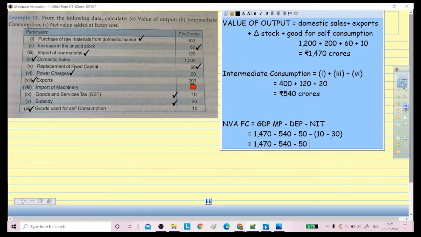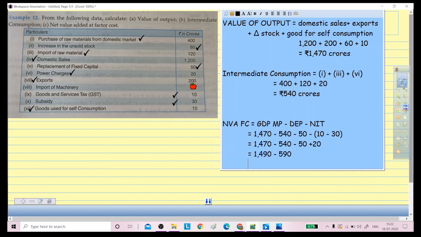I am taking this term outside the bracket. 10 minus 30 is minus 20. Minus of minus 20 is plus 20. Is equal to 1470 plus 20 is 1490 minus 590. Answer is rupees 900 crores.